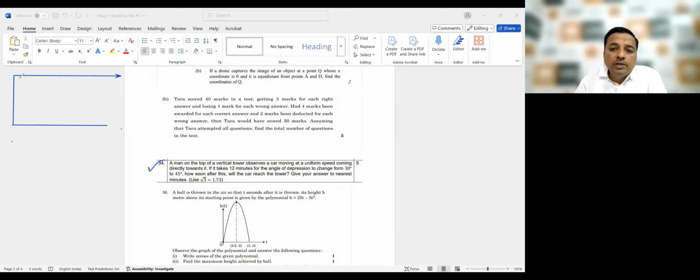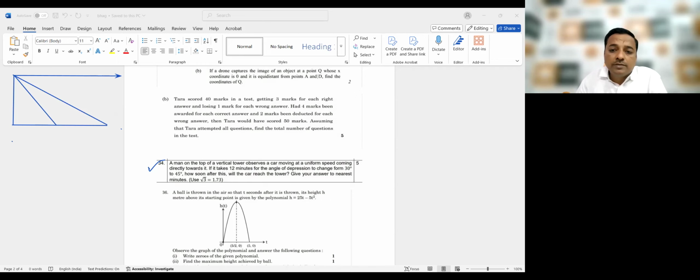So first the position of the car: if 30 degrees, the car is away from the tower, and if it comes to 45 degrees, then it is near the tower. Whenever any object comes closer, its angle increases, we had this in physics. So first he observed 30 degrees, and after 12 minutes the position of the car changed.